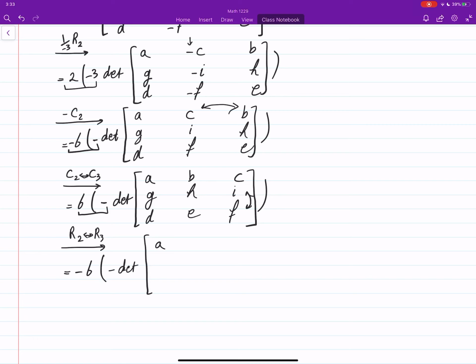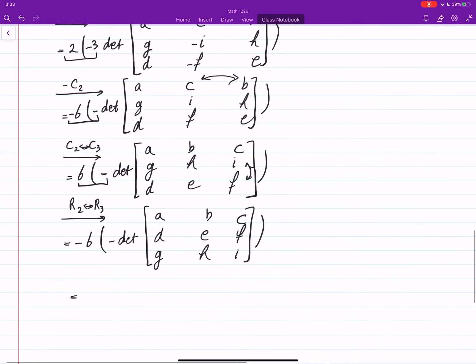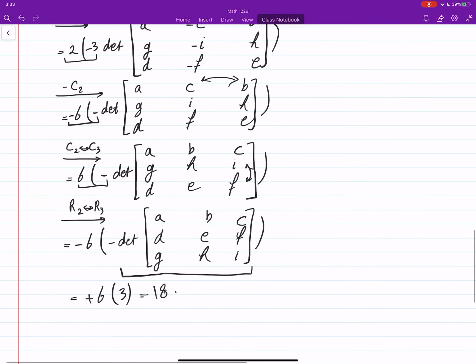So this will be A, B, C, D, E, F, G, H, I. And this is negative 6 times negative 1, positive 6. And this is the determinant that we are given, and this is equal to 3. So the whole determinant is going to be equal to 18.